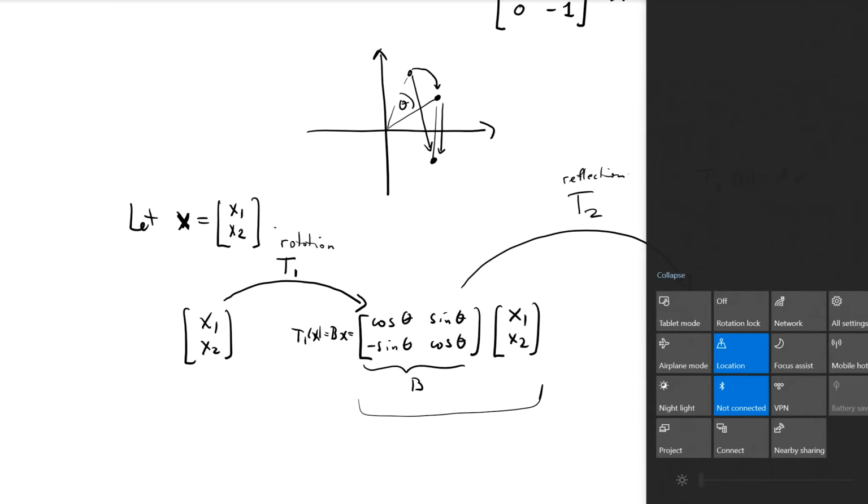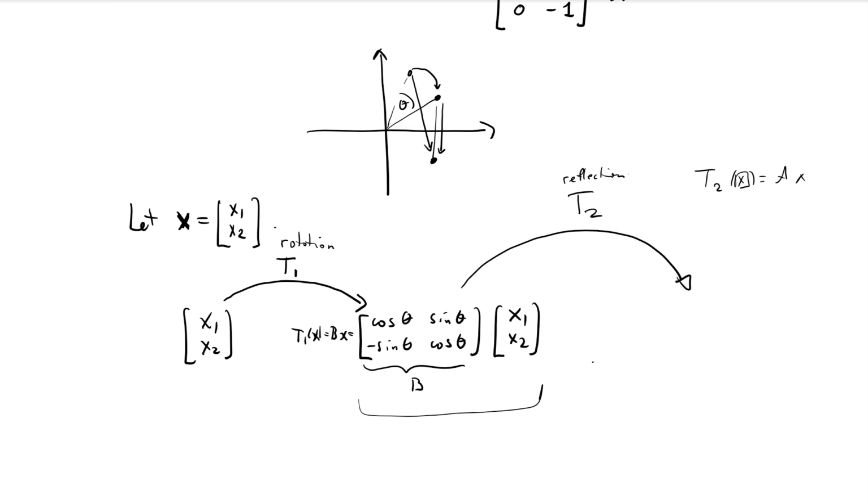So I send that into T2, and what I get is T2 of Bx, but T2 is A, so A of Bx.